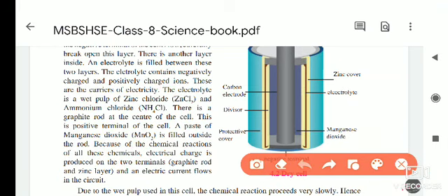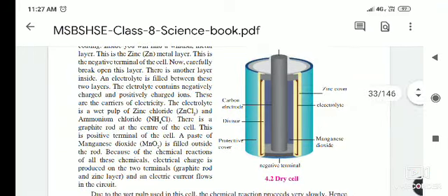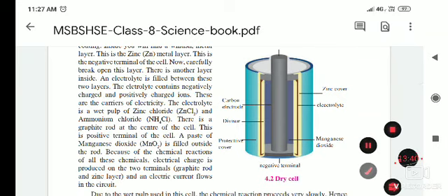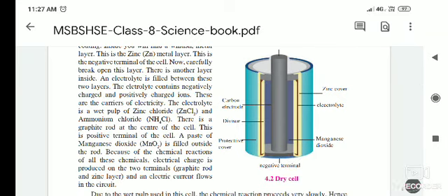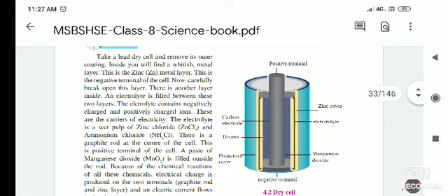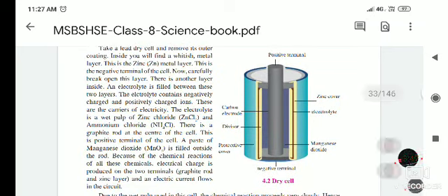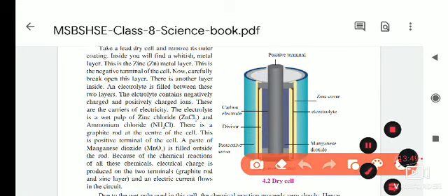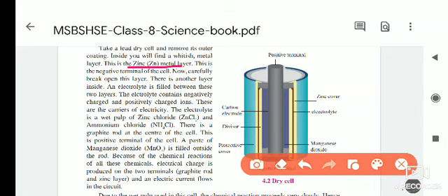If you read this paragraph, you will notice the answer. First of all, the outer covering is a zinc metal layer, and this is the negative terminal of the cell. They told you to carefully break open the cell and observe it.